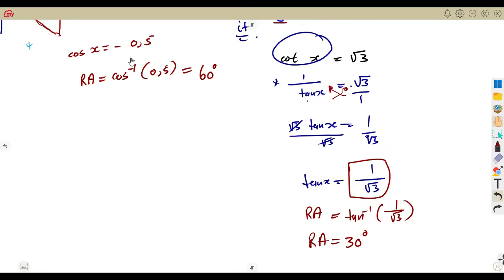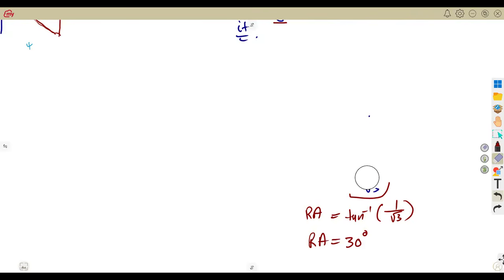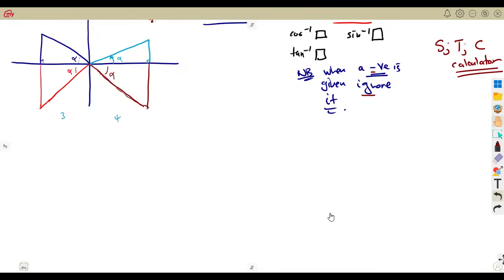Because if you use that cos negative, it was going to give you an angle like 120 degrees, this and that. Why are we ignoring this negative? Why are we even finding these reference angles? In conclusion, these reference angles can be used in solving equations, in determining the actual angle.